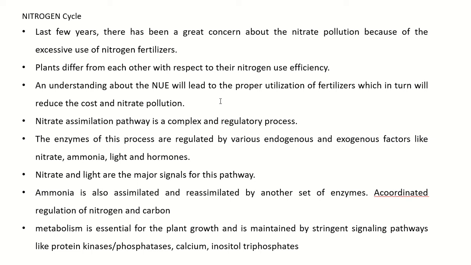Now, nitrate and light are the major signals for this pathway. Which pathway? The nitrate assimilation pathway is a complex and regulatory process, and the major signals for this pathway are two: one is nitrate, another is light. Remember these two factors.